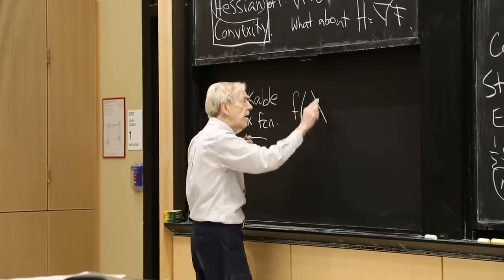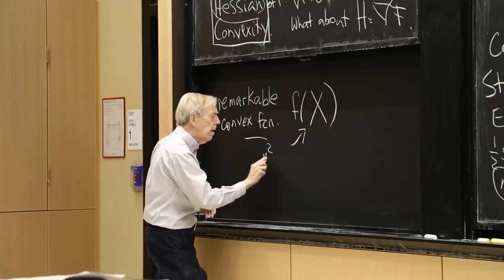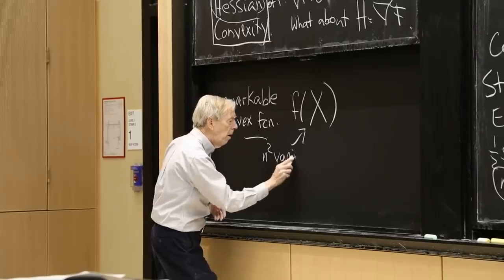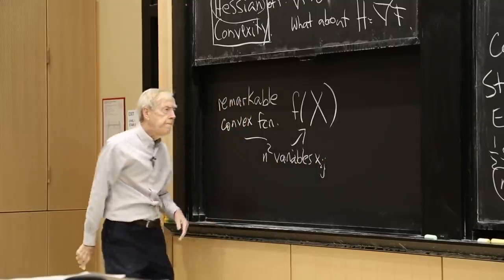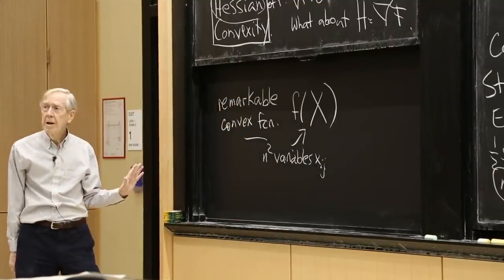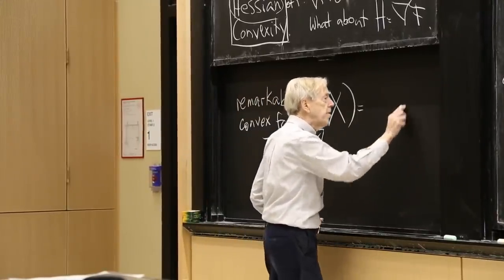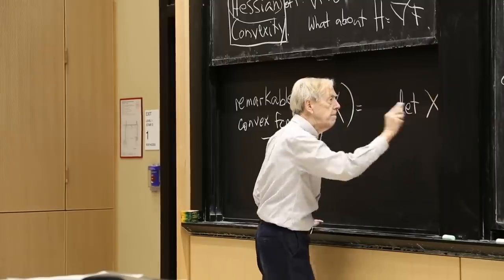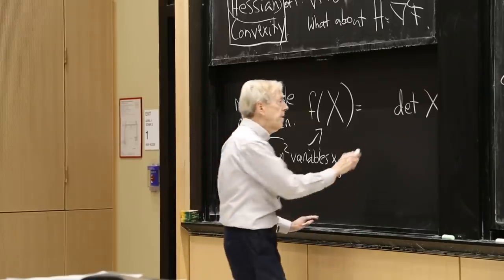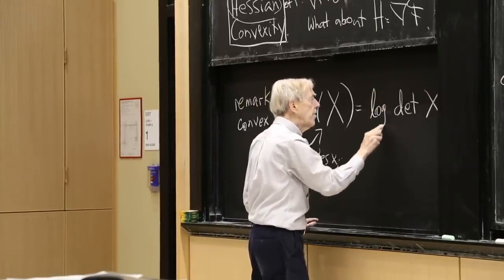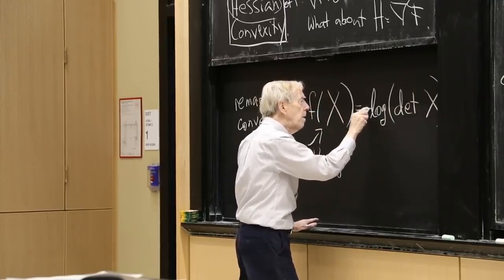So it's going to be a function of a matrix, a function of n squared variables, x_ij. So it's a function of many variables, and here's this function. You take the determinant of the matrix. That's clearly a function of all the n squared variables. Then you take the log of the determinant and put in a minus sign because we want convex.